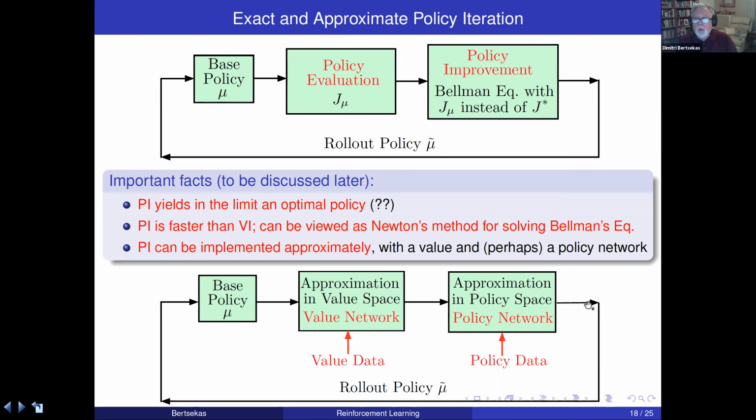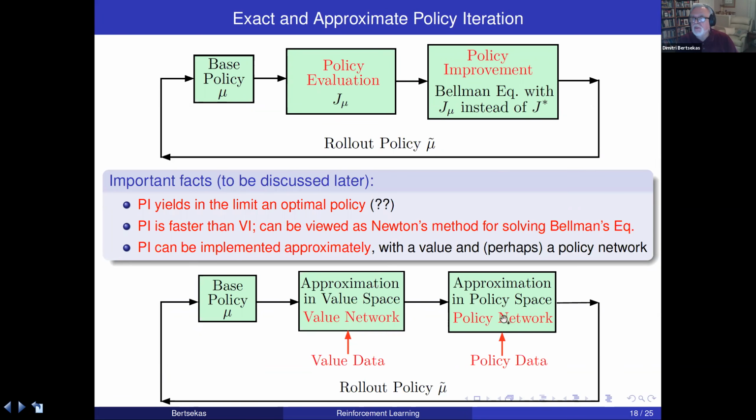And in this way, you obtain an approximate rollout policy, which you plug in again as a base policy and continue. So as I said, this is what's used in AlphaZero for offline training. You do this calculation using a deep neural network, and also this calculation using a deep neural network.